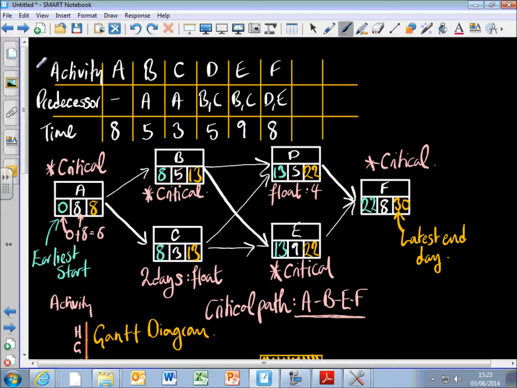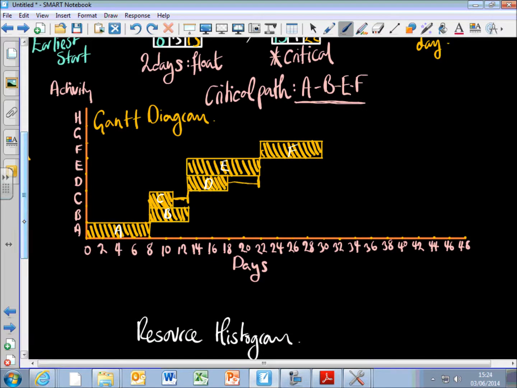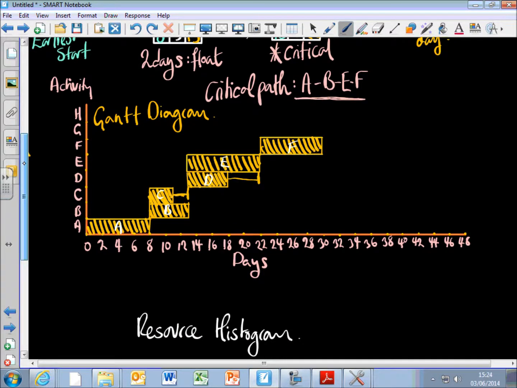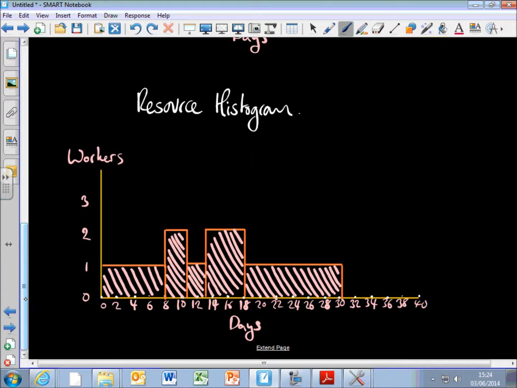And then when I've got all those, I go from right to left, and I do the number on the right, take away the number on the left, and I pick the smallest, and that gives me the earliest starts and the latest finishes. I can then take all that information, put it in this Gantt diagram, and put in the floats as well. I assume that every job starts as soon as it can. And then finally we've got this resource histogram here that tells me how many people I'm going to need at different points through the job.